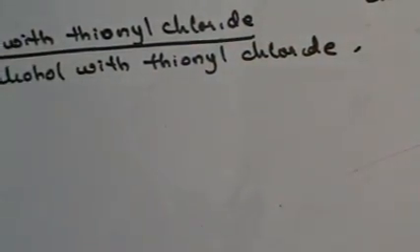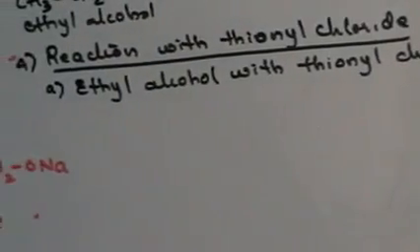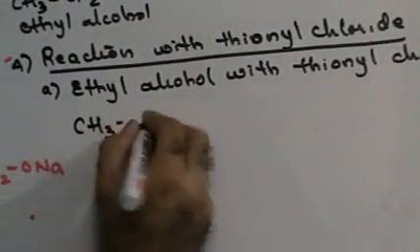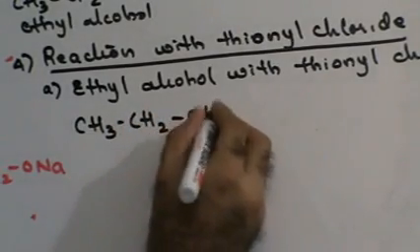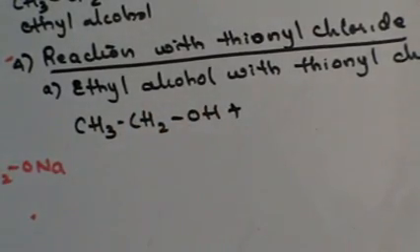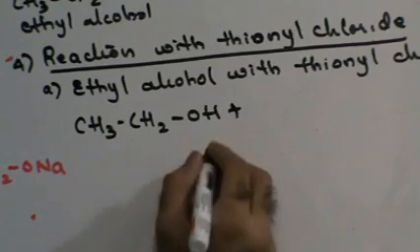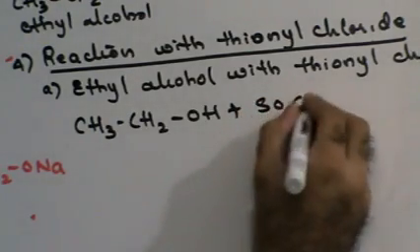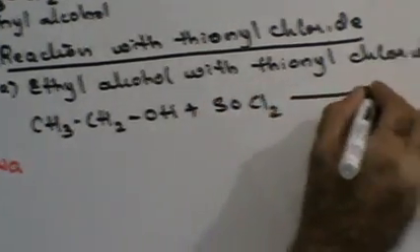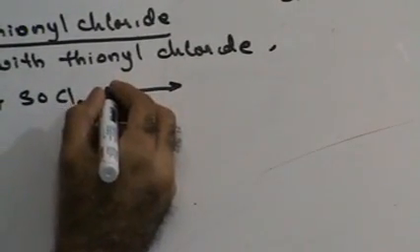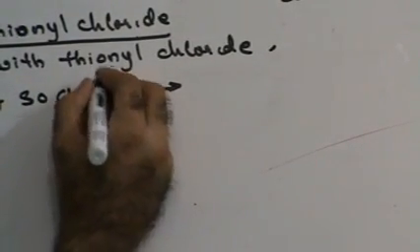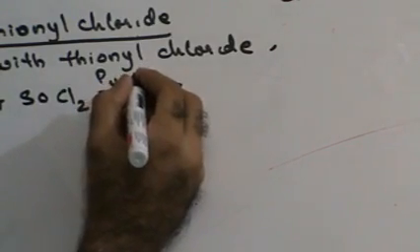Ethyl alcohol reacts with thionyl chloride. Ethyl, 2 carbon atoms, alcohol, OH. Ethyl alcohol reacts with thionyl chloride, SOCl2. You will be using a catalyst here, which is pyridine.